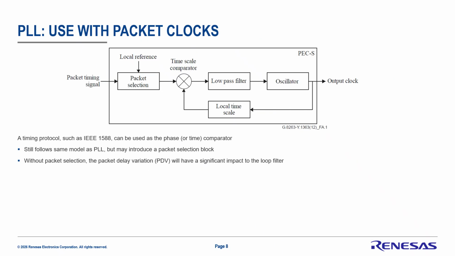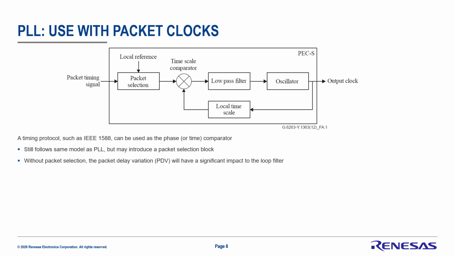A common question I get is, can a phase lock loop be used with packet clocks? And the simple answer is yes. If we look at timing protocols such as 1588, we can really look at them as being a phase or time comparator as an input into the phase lock loop. Thus, it still follows the same model as a phase lock loop.